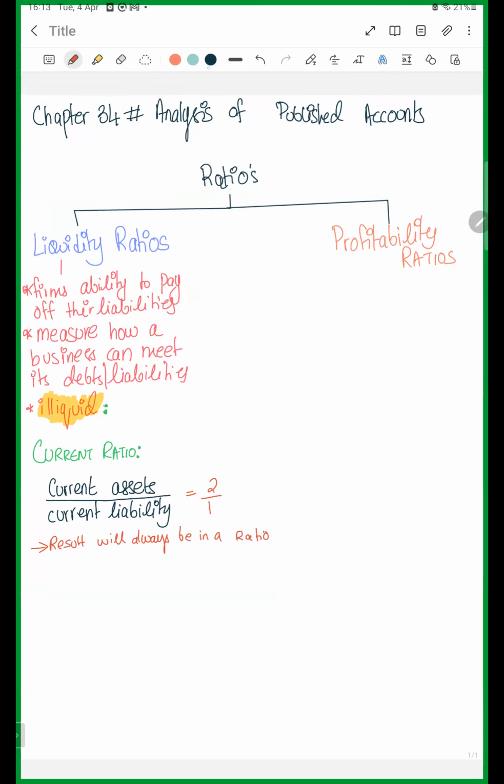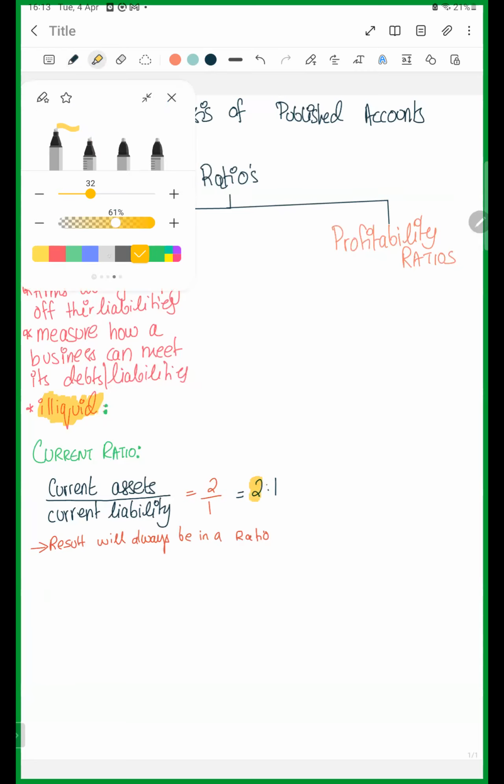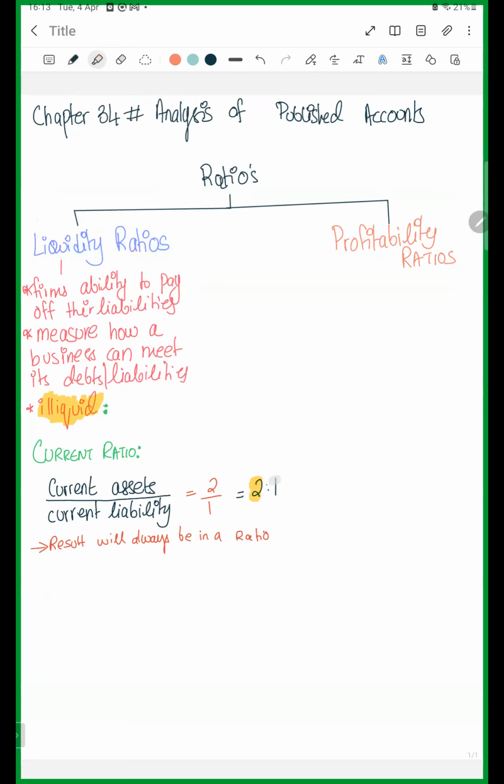In ratio form, this is 2:1. That is my ratio. What is this telling me? This is my asset, this is my liability.